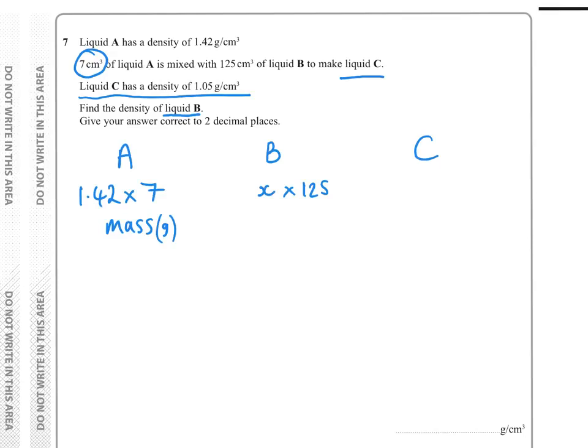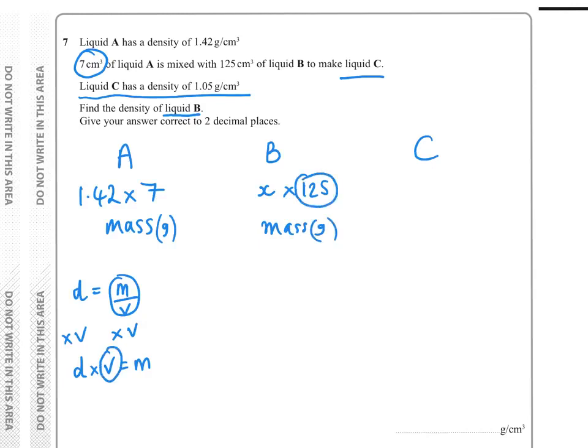Because if you think about it, density is mass per volume. So if we want the mass, we just rearrange this equation here by timesing both sides by V, and we get density times volume is mass. And as it's the mass we're trying to work out each time here, because we had the volume of liquid for B, what's left, x, must be the density.